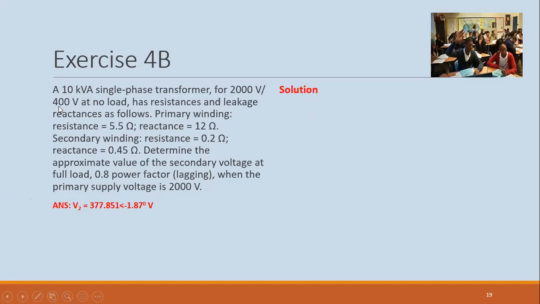So in reality, bear this in mind, the adjustment to make sure that you get your 400 volts at full load would be done on the primary side of the transformer by raising the amount of winding turns that are connected to the supply. So we'll have to actually raise the voltage of the supply now to 2,100 to give you 400 volts on the secondary. All right.